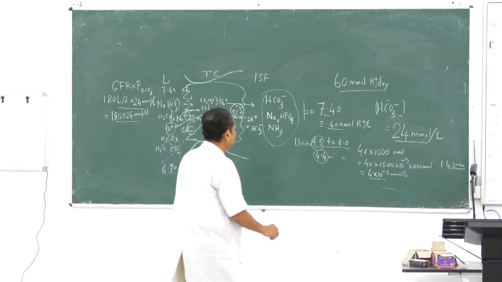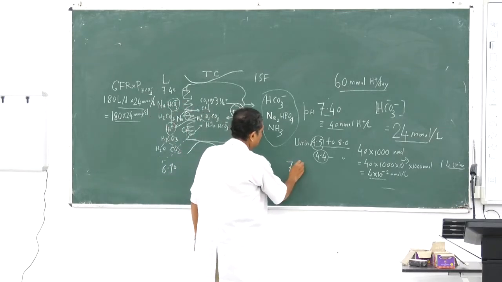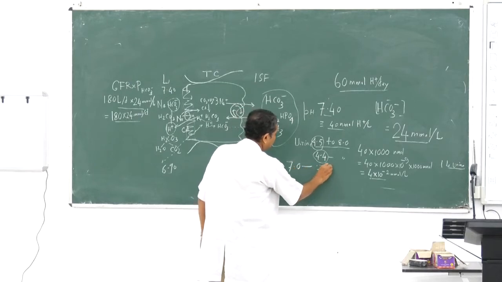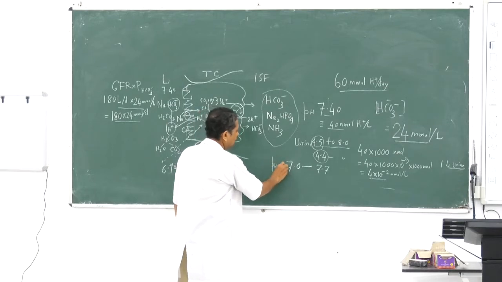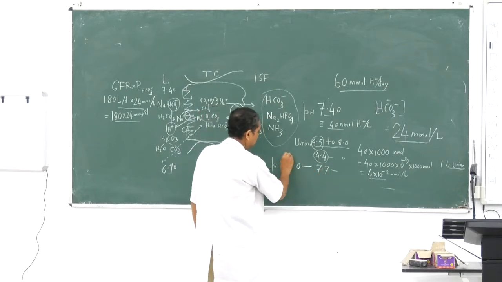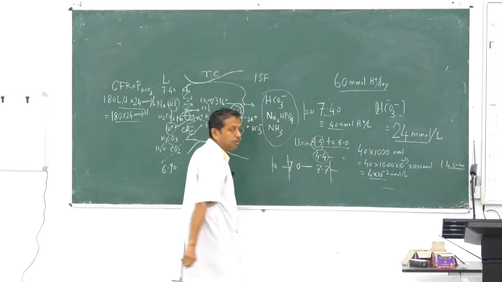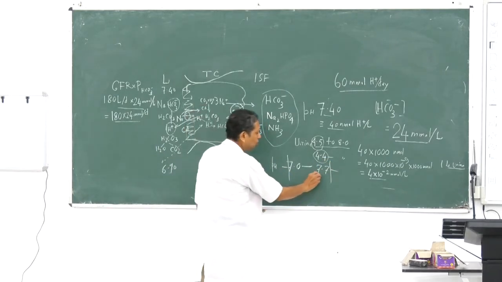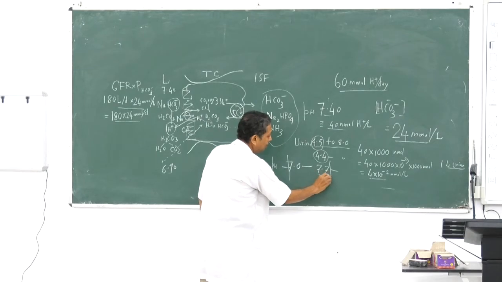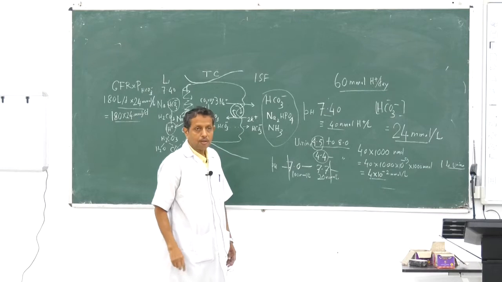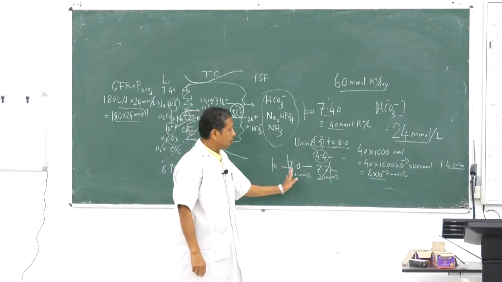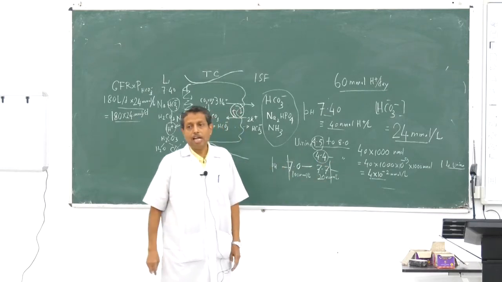This corresponds to 20 nanomole per liter to 100 nanomole per liter. Within this, life is possible. Beyond the left side or beyond the right side, life is not possible.